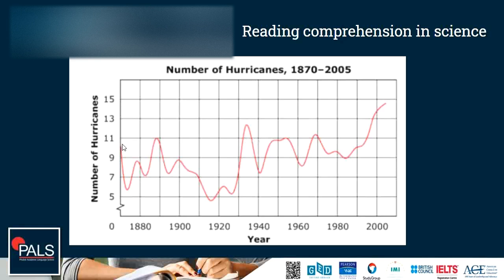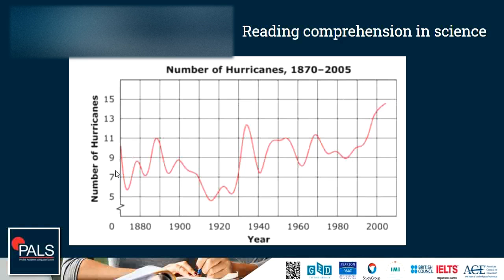So what we see is in the first 30 years, the number of hurricanes is steady at around 8 hurricanes per year, then drops a little bit until the 1920s, and then we see a steady increase from the 1920s of around 5 hurricanes to 14, 15 hurricanes on average in the year 2005.